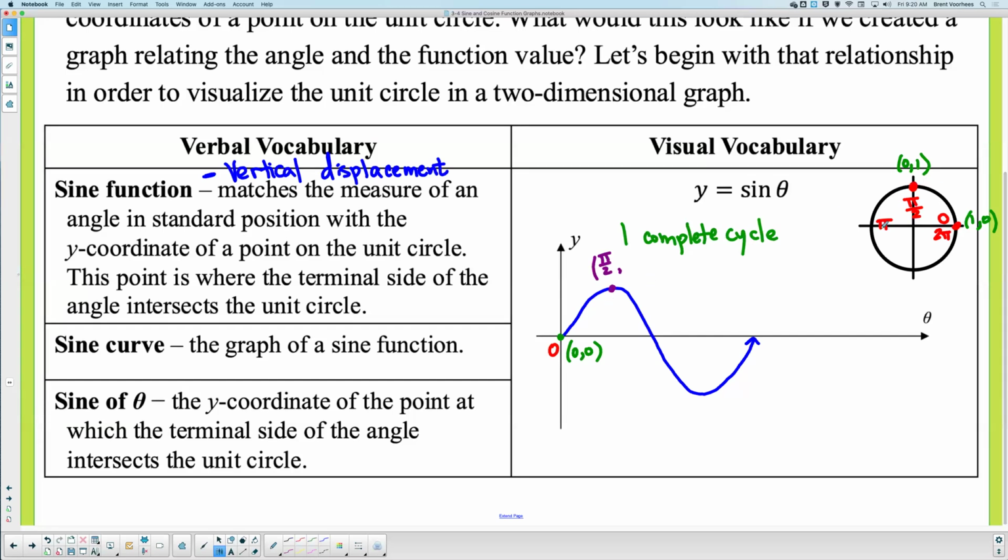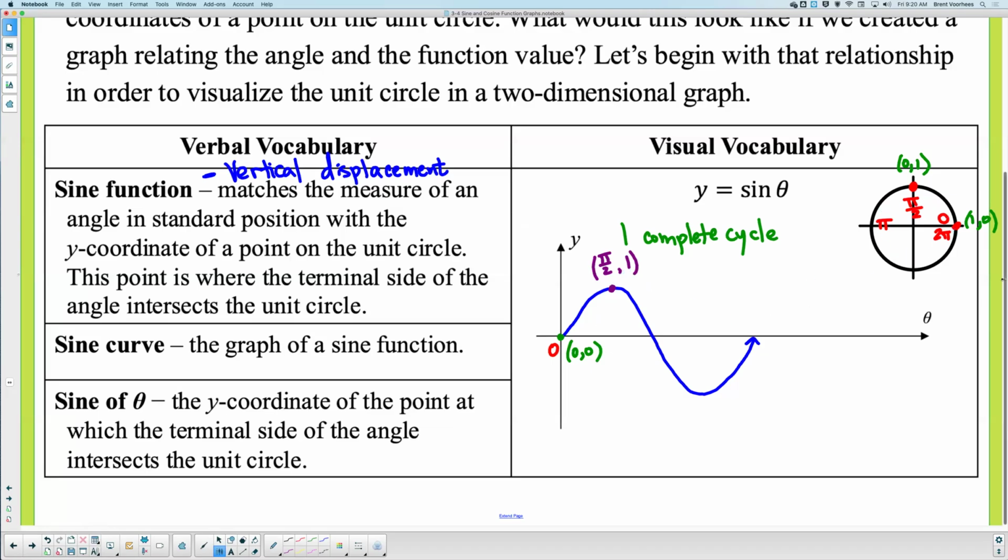The y value is the y value from the unit circle. What's our y value right there? 1. That's where the y value would be, if that makes sense. So what you're graphing is not the x's from the unit circle. With sine, you are graphing the y values as the y's. The radians, the pi's, those are the x's.